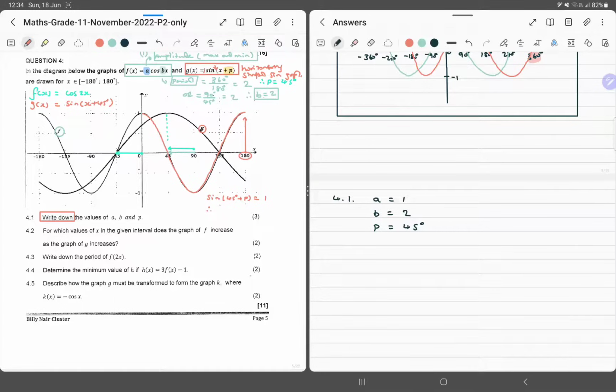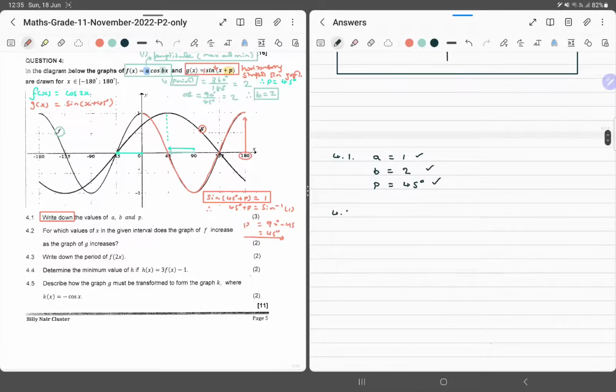Therefore, you know that when sine is 1, that is 90. So we can say now 45 degrees plus p is equal to arc sine of 1. Sorry, this is 90 degrees, and therefore our p is going to be 90 degrees minus 45, which is 45 degrees. So it comes out positive. So there's plenty of ways you can think about how to work out p. Like I said, to determine it is much sweeter because it saves you a lot of problems. So you get your 3 marks, nice and easy. They didn't ask you how you did it.